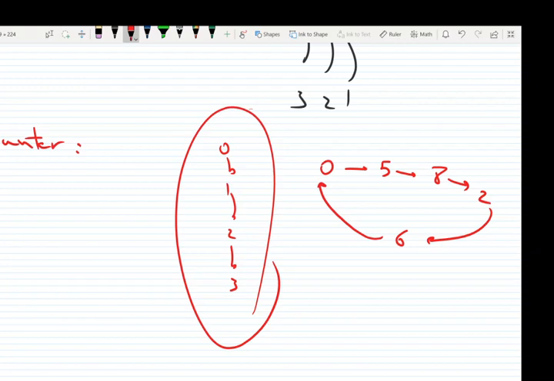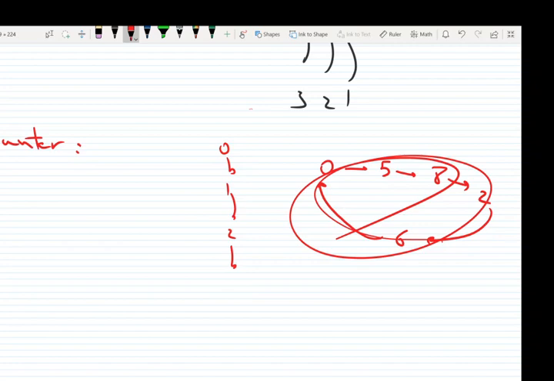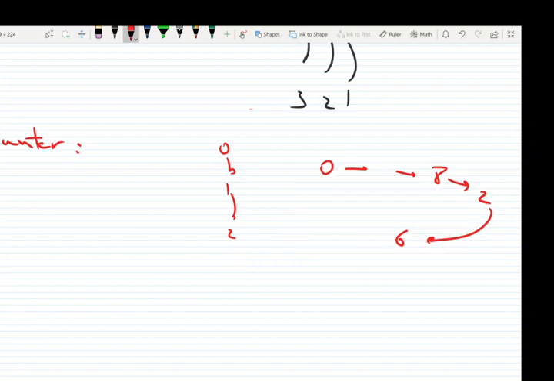A counter goes through a predetermined sequence of states, and those states don't have to be in digit order. So they can be like 0, 5, 8, 2, 1, 6, 0, 5, 2. Okay, let's write the definition of a counter.